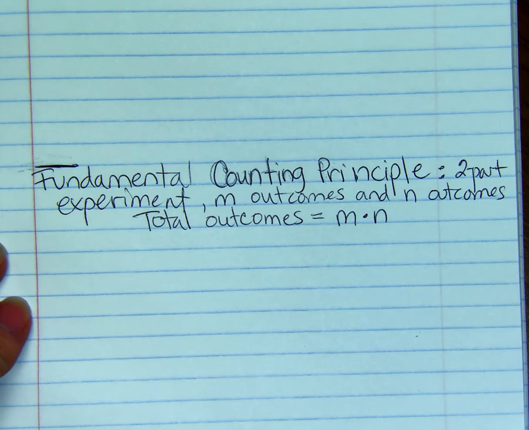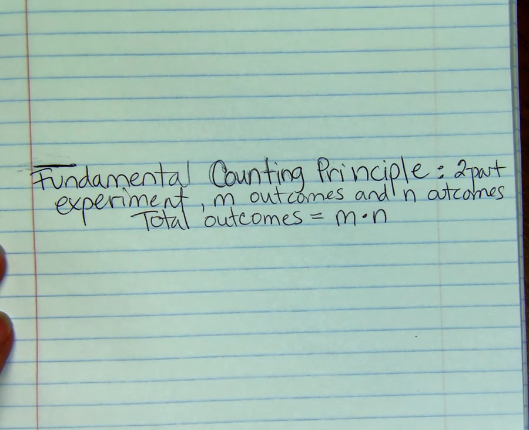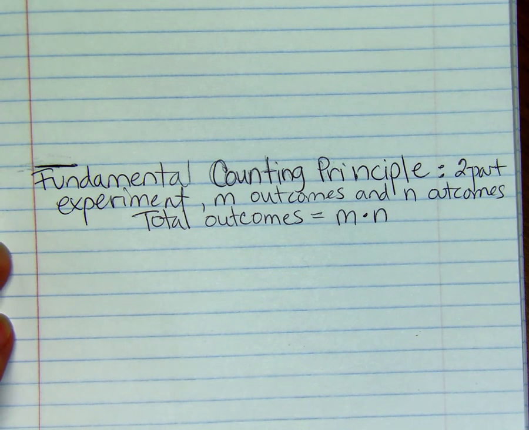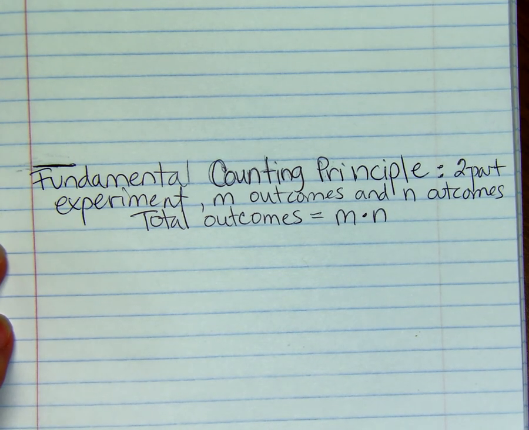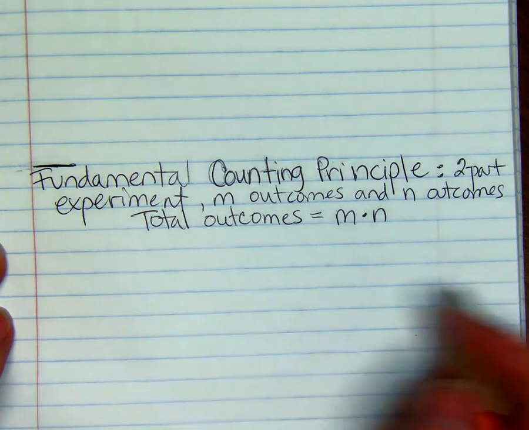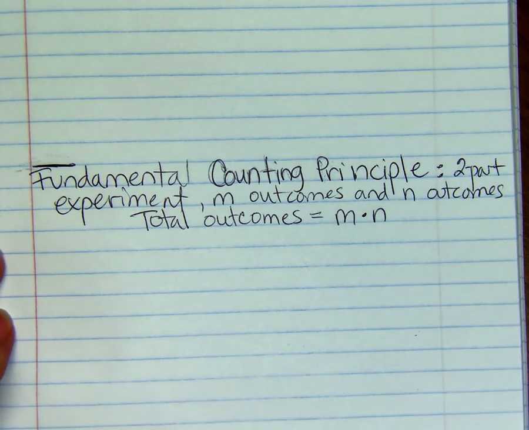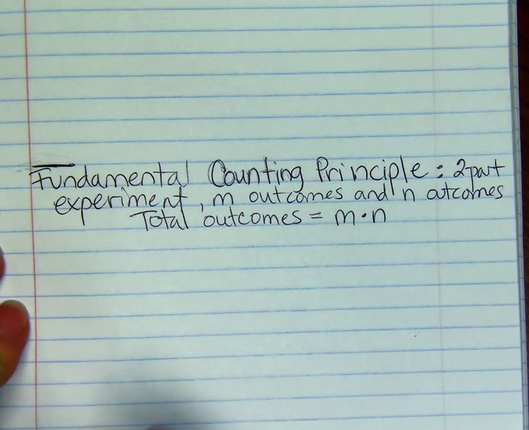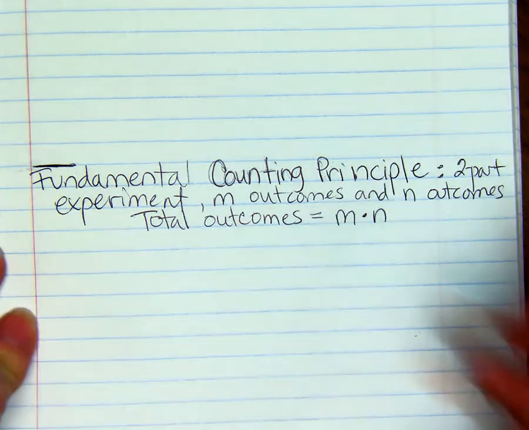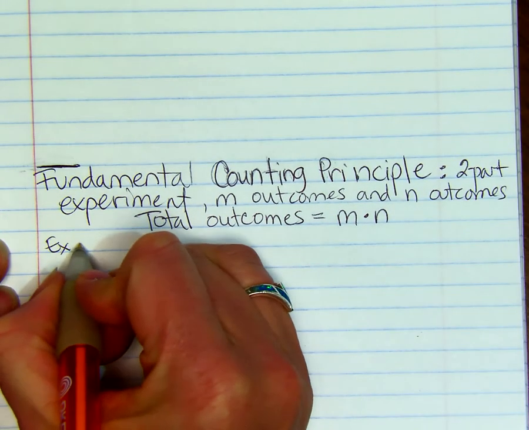So when we flip a coin, we had 2 outcomes. When we roll the dice, there's 6 outcomes. If you do 2 times 6, you get 12 outcomes. So when we put the 2 together and we flip a coin and roll a dice, we're going to have 12 total outcomes.